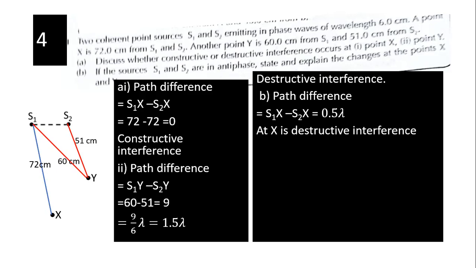How about at Y? You have to consider the antiphase there. Antiphase is 180 degrees, and 180 degrees is half a wavelength. Constructive or destructive at Y?